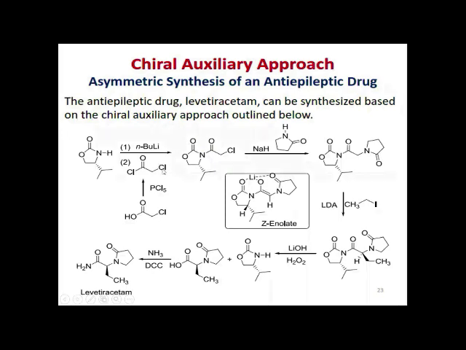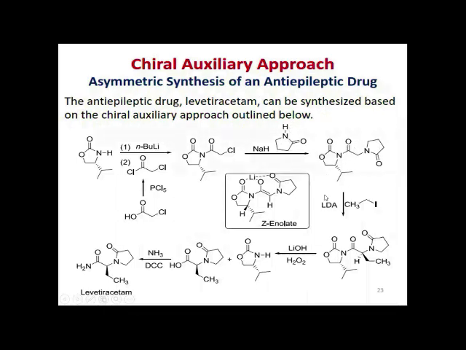Again this dichloroacetic acid reacts with the secondary amine by using n-butyl lithium and is converted into the tertiary amine, by using sodium hydride, which acts as a base, and pyrrolidin-2-one reagent. So this chloride is removed and this pyrrolidin-2-one is attached here.